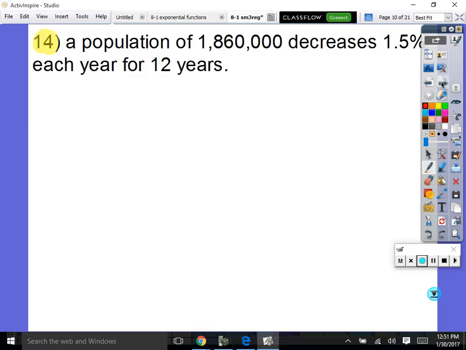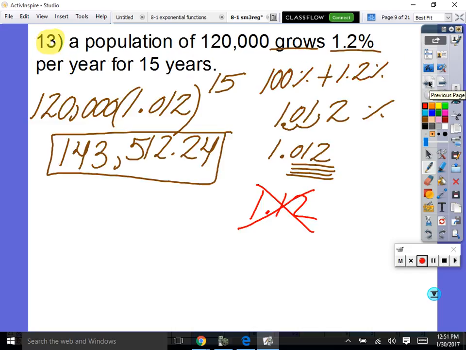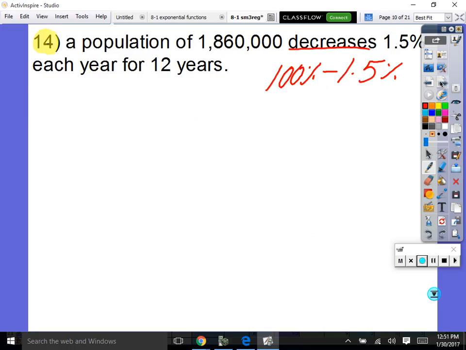Okay, awesome. Looking at this one, a population of this decreases 1.5%. So it's the word decreases. So remember to do 100% minus 1.5%. We're just making sure we can get our growth and decay factors correctly because it's kind of hard sometimes.